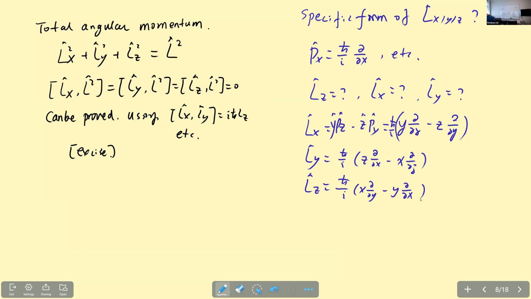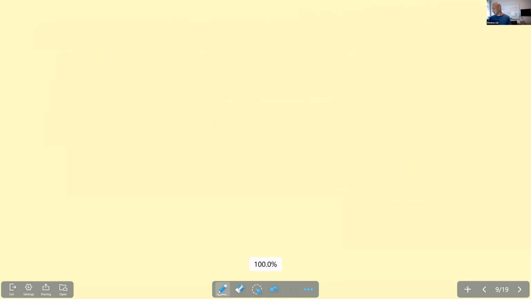To make this interesting, let me consider just one component, Lz, that's h bar over i times x partial y minus y partial x.